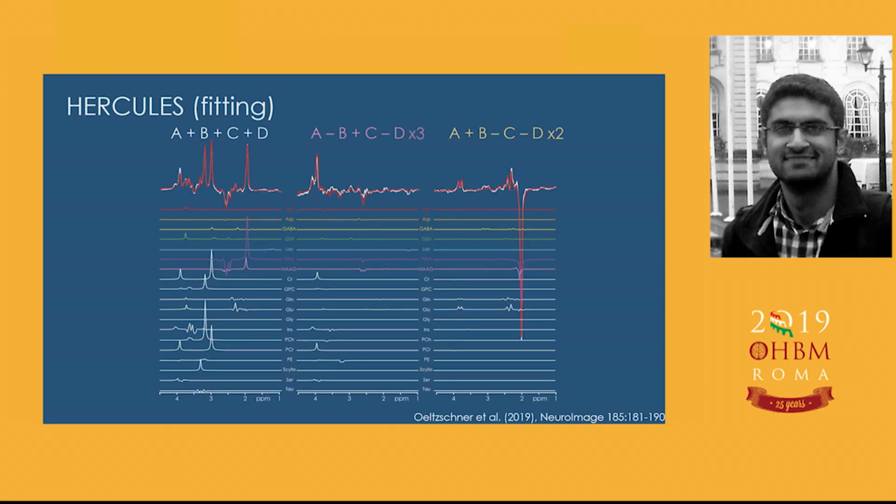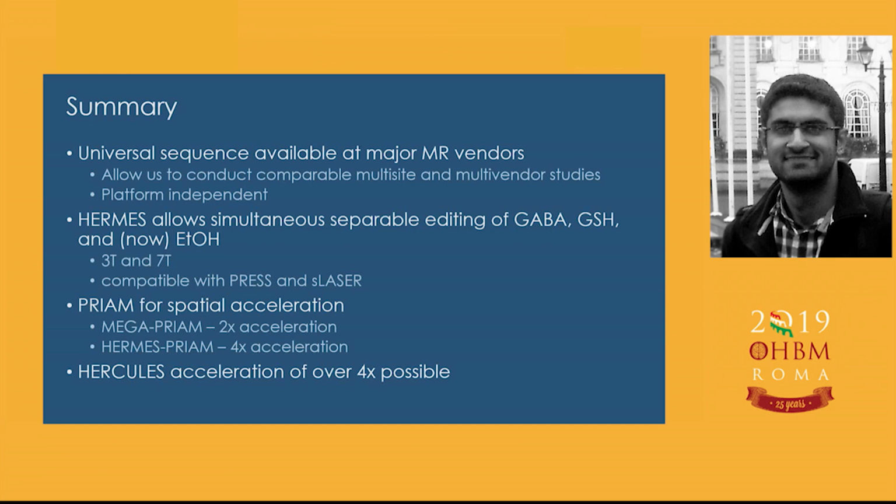And just to summarize my talk, we have the MEGA-PRESS sequence. However, it's largely focused on single metabolite editing, and we need to standardize this sequence for the reason mentioned before. That is, it allows us to conduct comparable multi-site and multi-vendor studies. It's platform independent, so you can conduct it using any scanner. Faster editing has a lot of benefits.